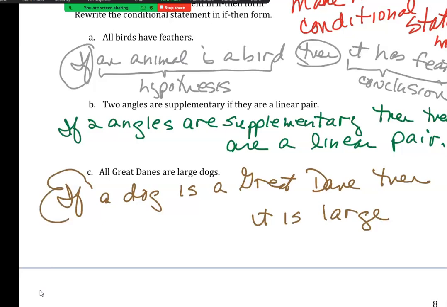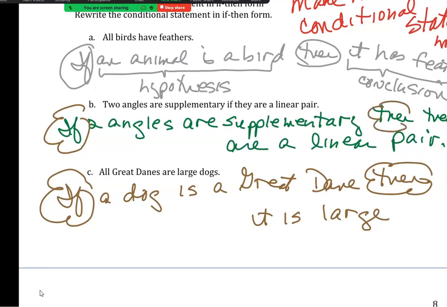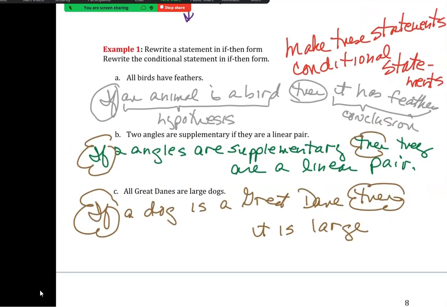Okay, so here's my if, and here's my then. Okay, when we do a quiz, I'm going to ask you to do this. So be able to take a statement and write it as an if-then statement.